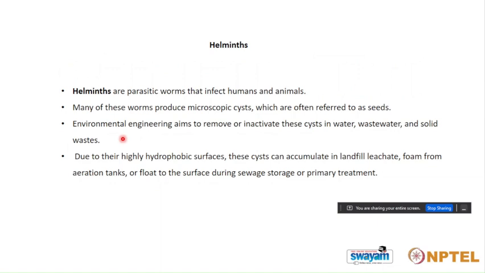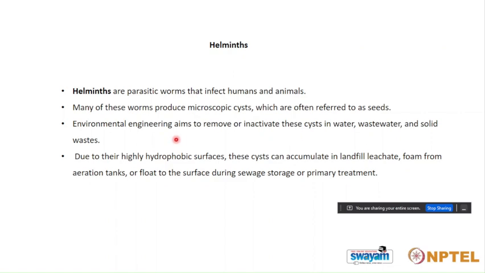Finally, helminths. These helminths are parasitic worms, most commonly found in humans and animals. These parasitic worms survive by consuming nutrients from humans and animals. Usually these helminths tend to form microscopic cysts, which are referred to as seeds.